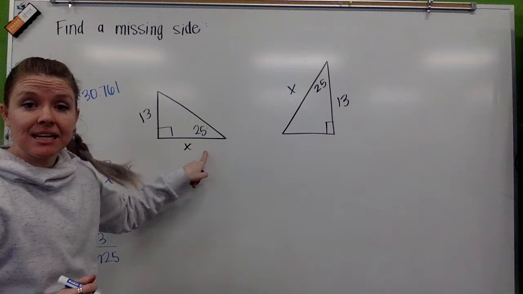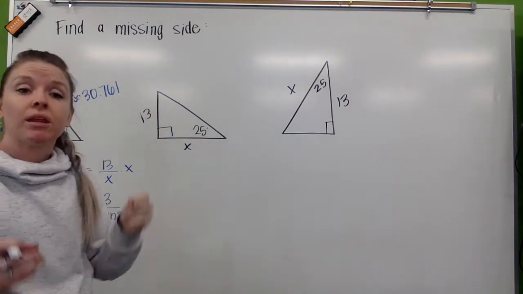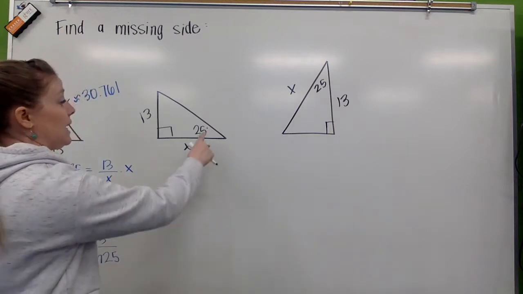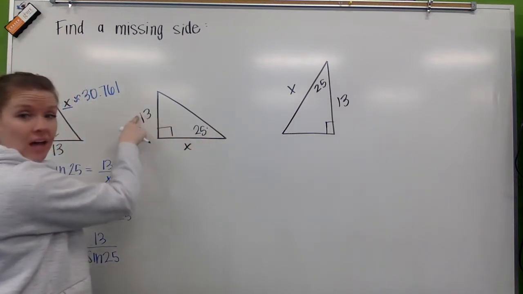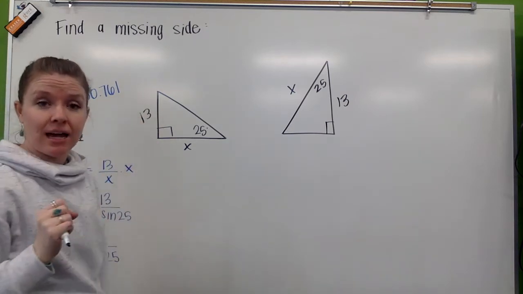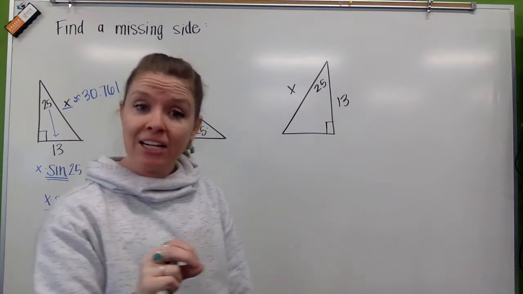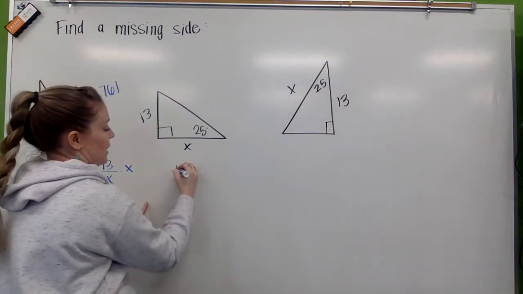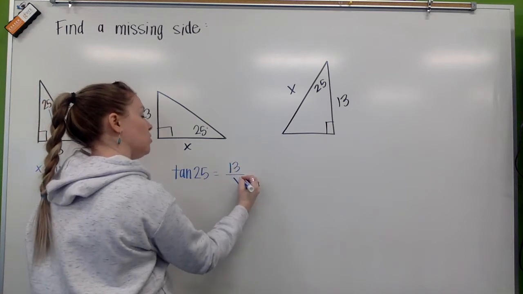Okay, so my second example here, like I said, it's the same numbers, but it's going to be a different setup. And the reason why it's going to be different is my angle here is 25. I know the opposite and adjacent side. So opposite and adjacent, that's going to use tangent. So this setup will be the tangent of 25 equals 13 over x.